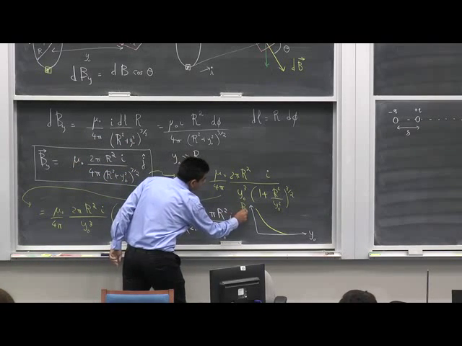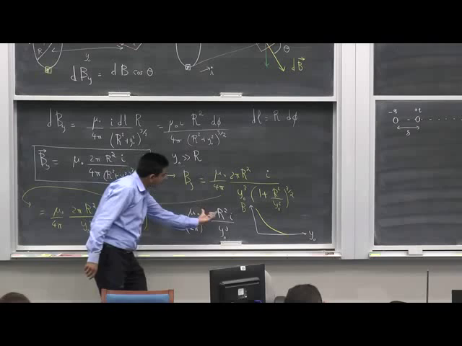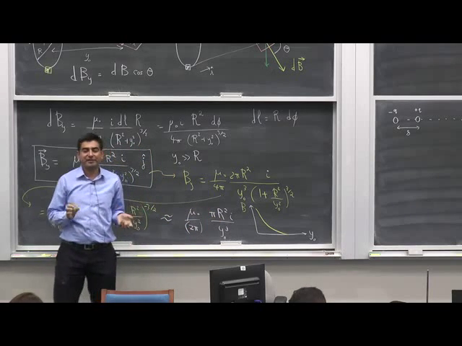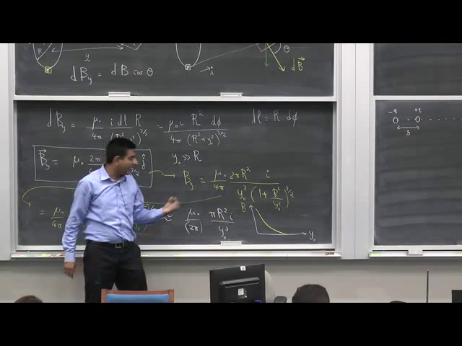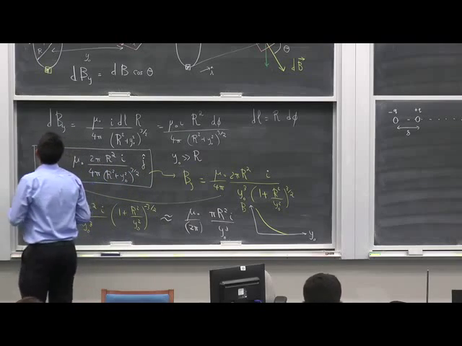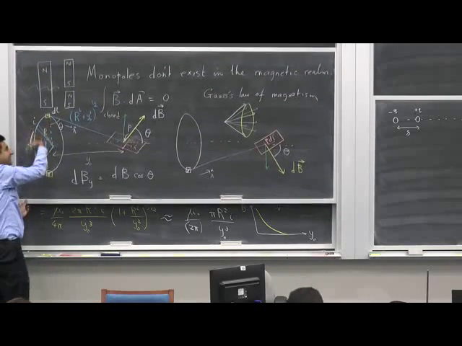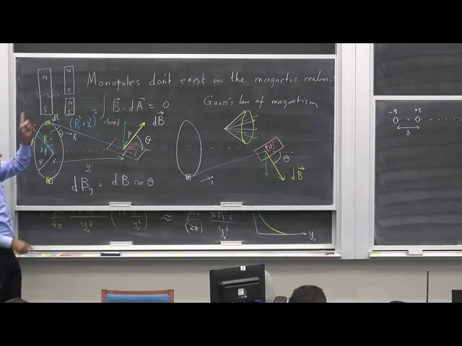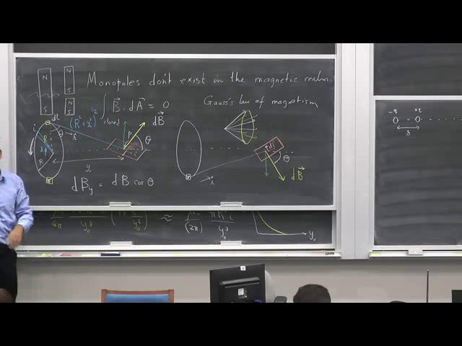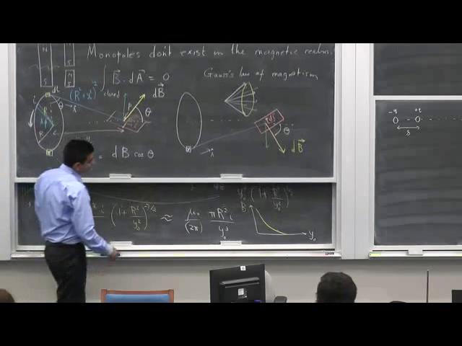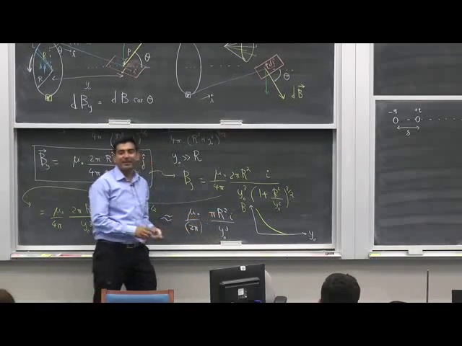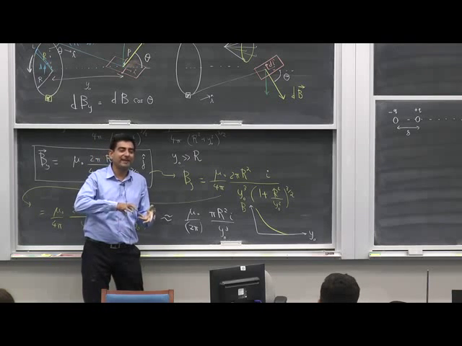And I observe in the numerator something quite interesting. I have a current multiplied with the area inside this loop. So the current is going in a loop, the current is I, and the area of the loop is pi r squared. So this quantity I into pi r squared is called the magnetic moment.